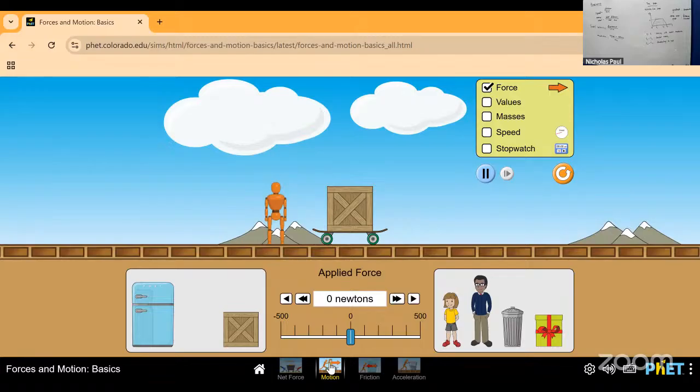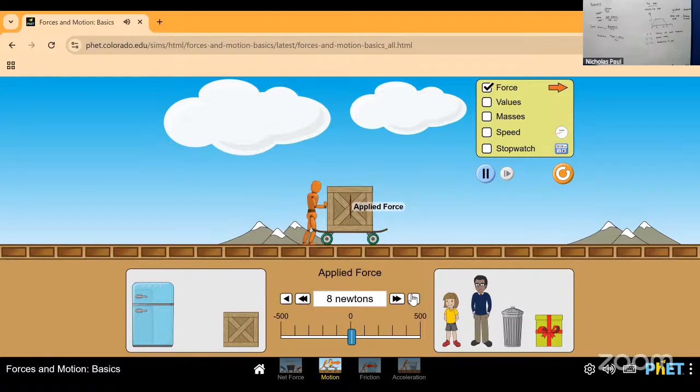If you look at this one here, let's add friction. Let's apply a little force. What you'll recognize here is that when you apply a force, the object moves. But look at this here. Let's go back to when the force was smaller.